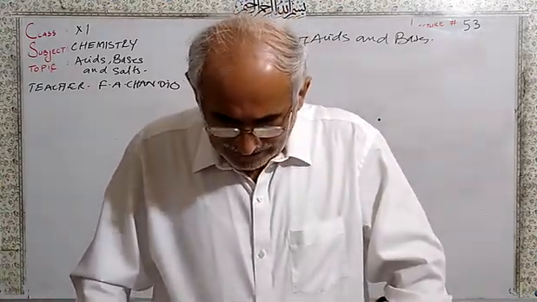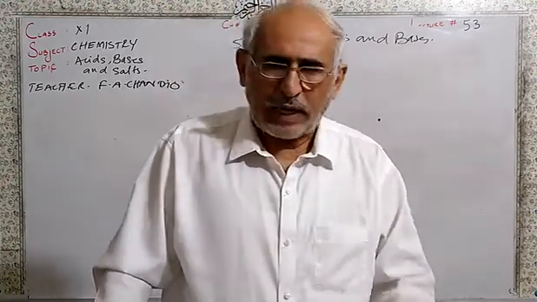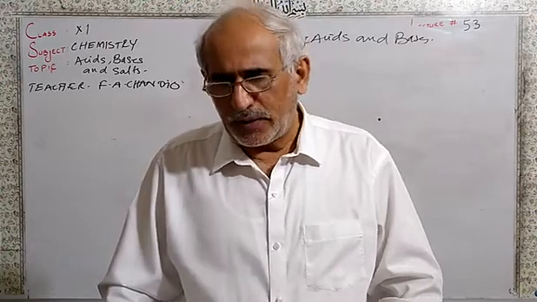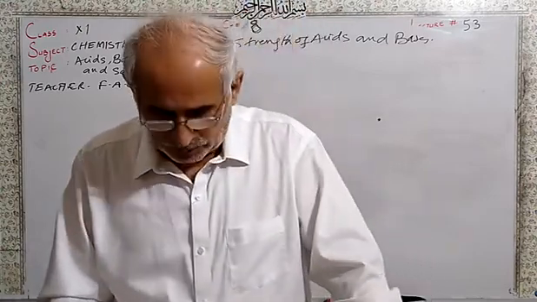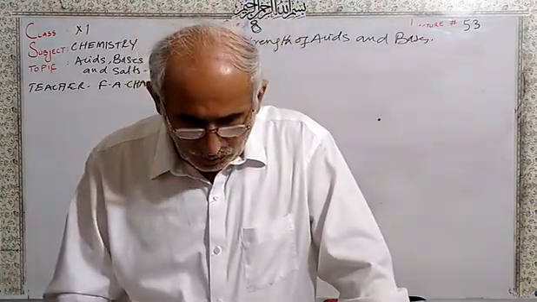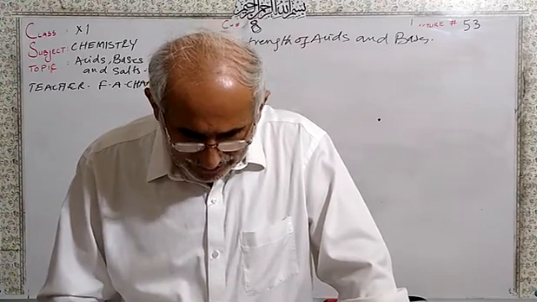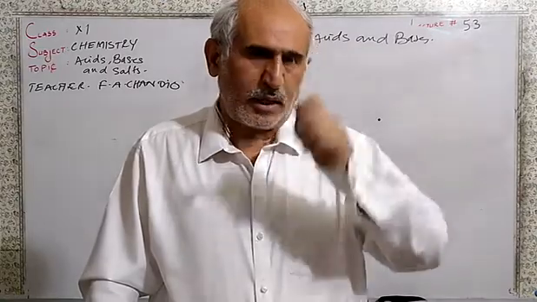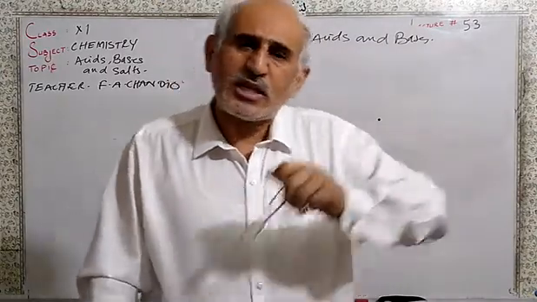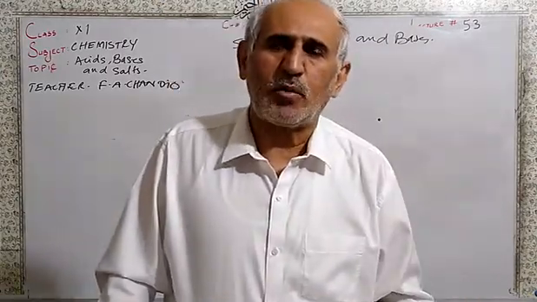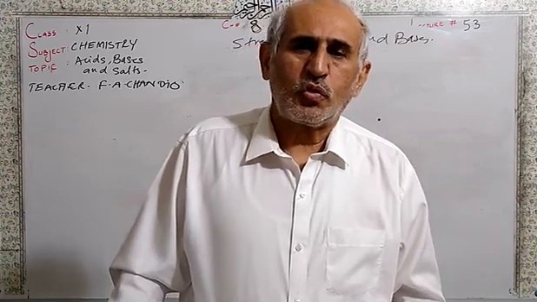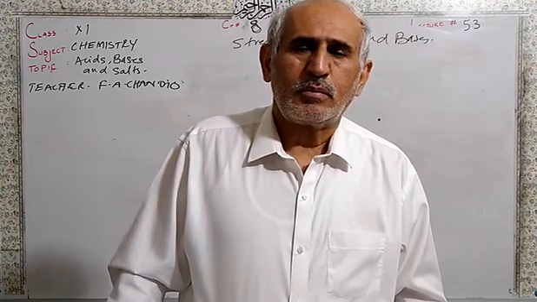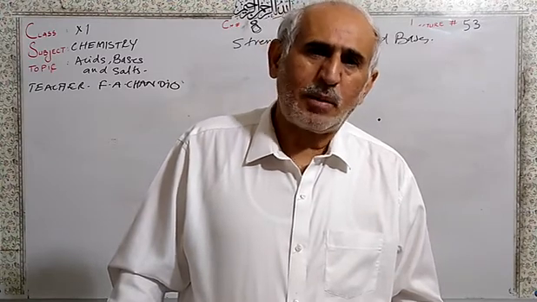The base which has a high degree of acceptance of proton from the acid as compared to other base is called a strong base. Ammonia is a relatively stronger base than water. So when I do the acid base pair, water is going to donate proton to the base ammonia.